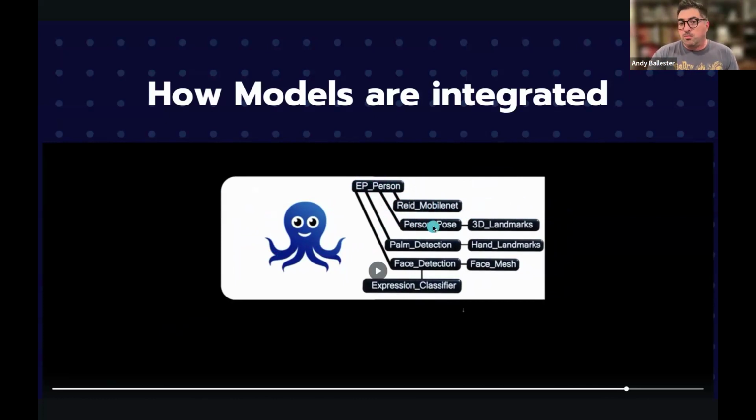We're using person pose estimators along with a 3D landmark model. We're using a palm detection model with hand landmarks. We're using face detection to give you things like a face mesh. We're also taking that face and doing expression classification: is the subject happy, neutral, angry? All of that happens as part of one pipeline in EyePop.